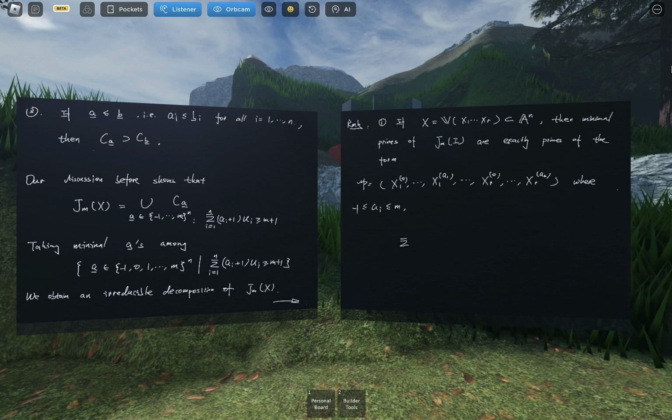Before, for any monomial scheme, the inequality we have is mu_i times (a_i plus 1) greater than or equal to n plus 1. But in this case, all these mu_i are just 1, so we will get an equality here.